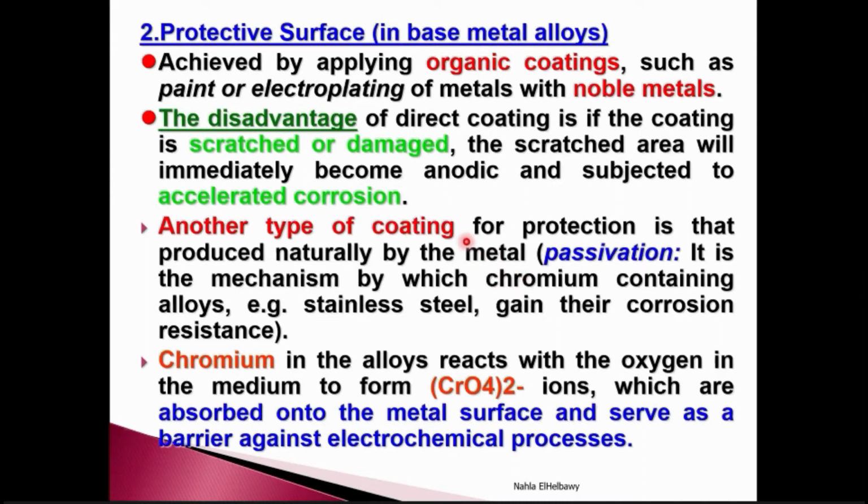We can also use the passivation method. In the passivation method, the metal itself forms an oxide layer, such as chromium oxide in case of stainless steel. This formation of chromium oxide is very corrosion resistant, so it prevents corrosion.